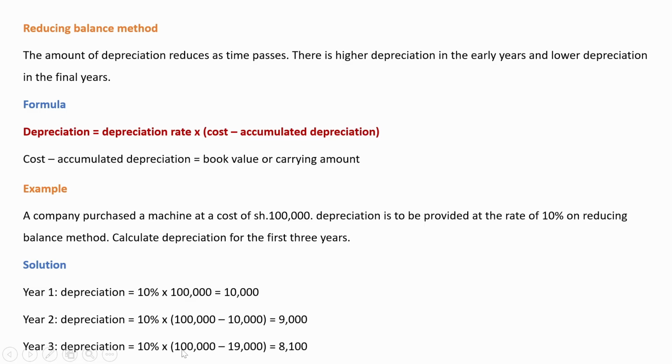So in brackets, you take the cost minus accumulated depreciation. 100 minus 19 will give you 81. Then you take 10% of 81, it will give you a depreciation of 8,100. So that is how we apply the reducing balance method. A bit complicated than the first one, but still not that hard.